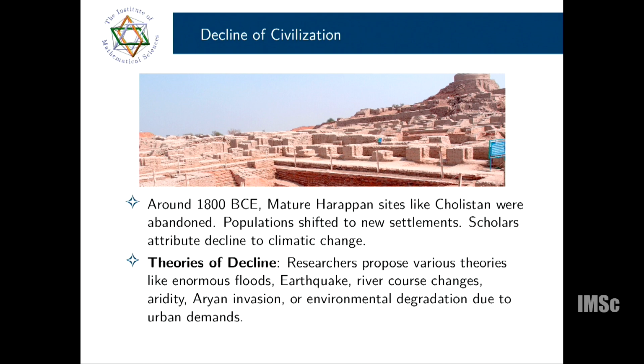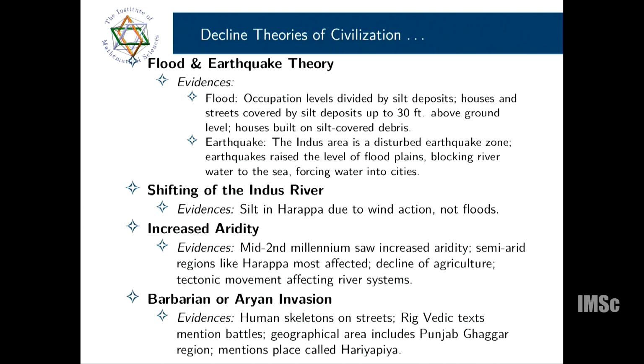That gap, scholars have defined as the decline. For that there are multiple theories. As I said, flood theory, earthquake, Aryan invasion, and there are multiple things maybe. But at the end, every theory is just speculation. None of them has been accepted.